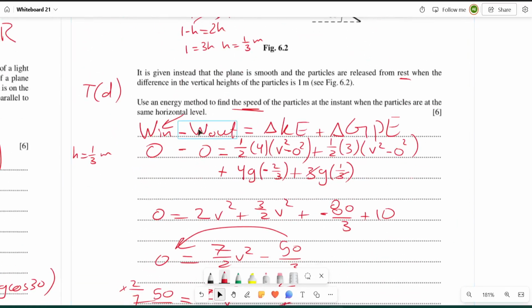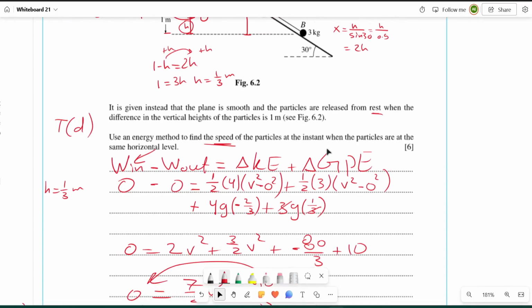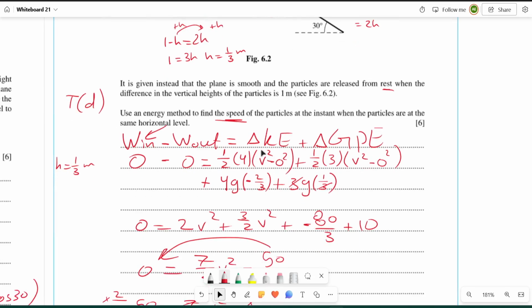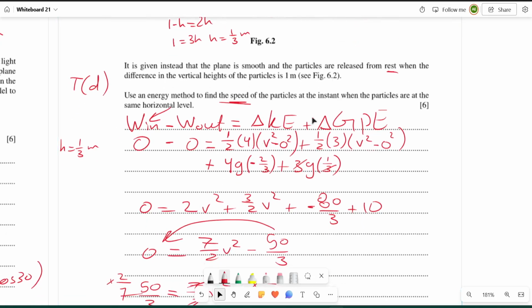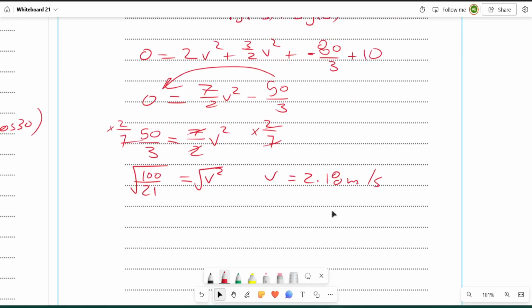See how it's just a simple equation, and choosing the correct system will help you eliminate more and more. Like we eliminated tension, because we chose the whole system, and we just had one singular equation where we solved for v and just got our answer. Very, very simple.